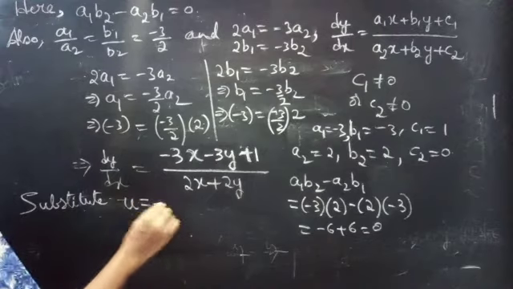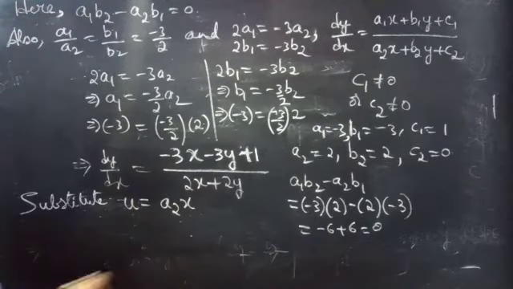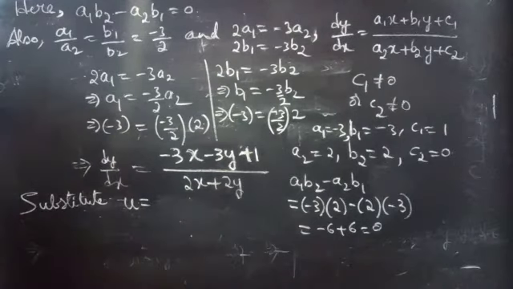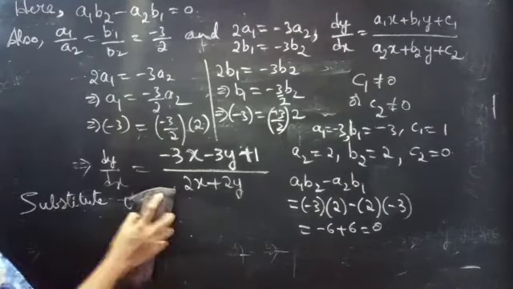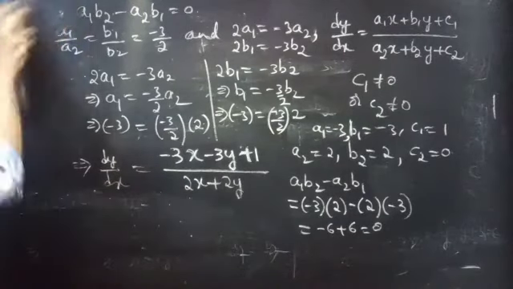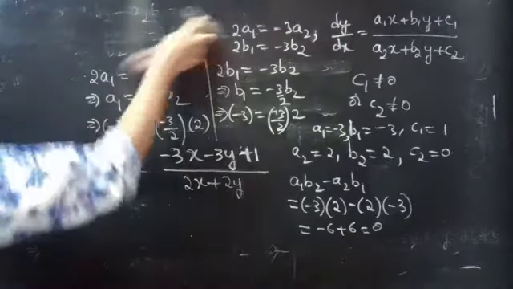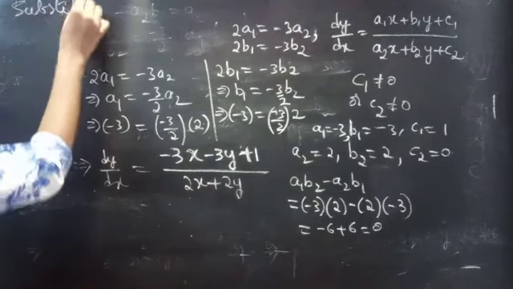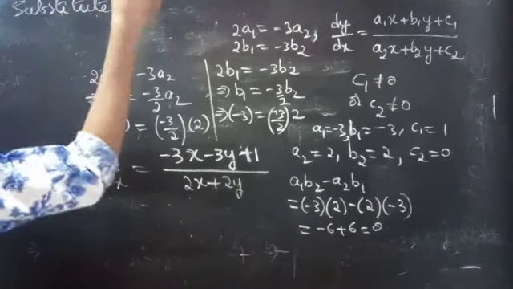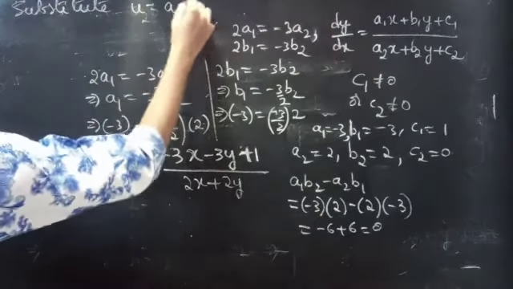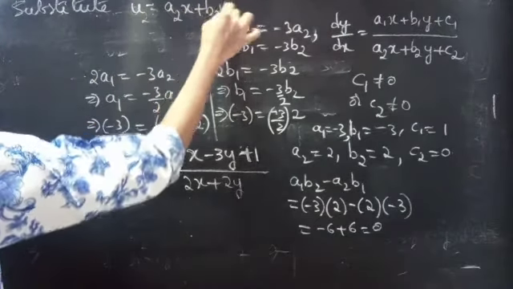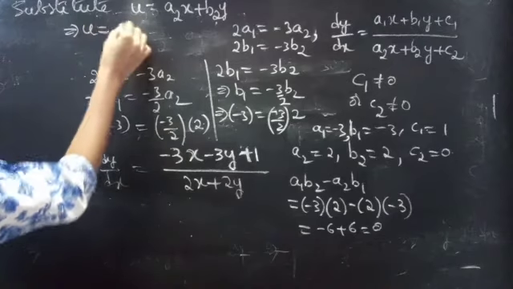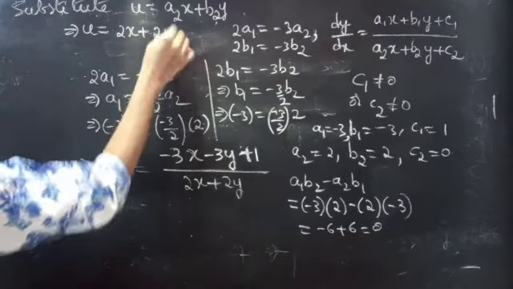Substitute u equals a2x plus b2y. Then you'll get u equals 2x plus 2y.